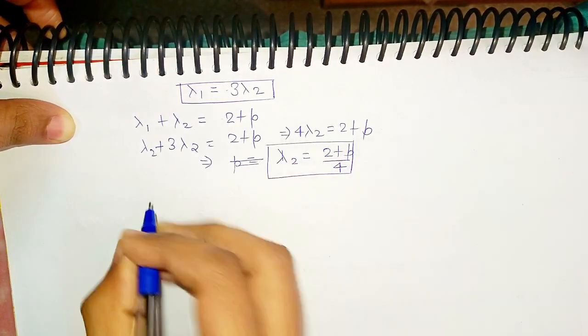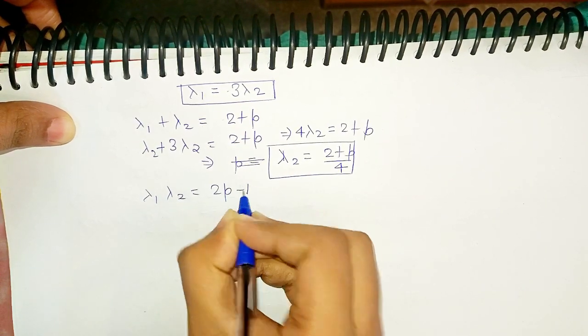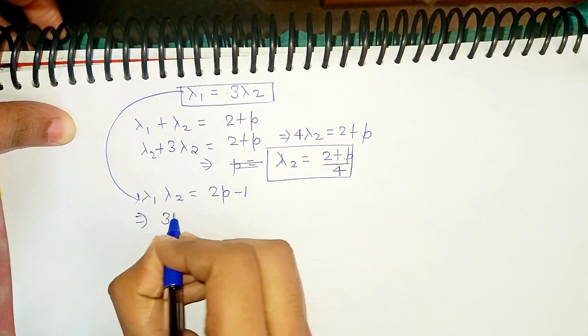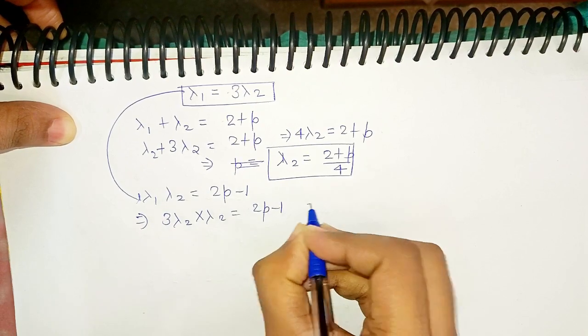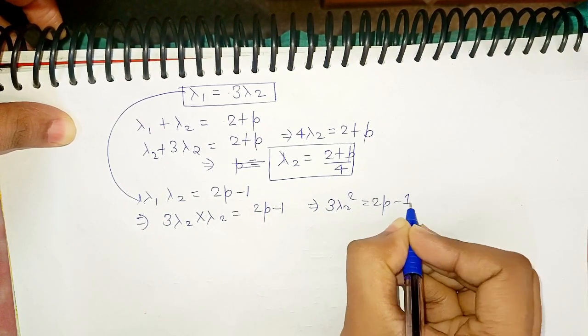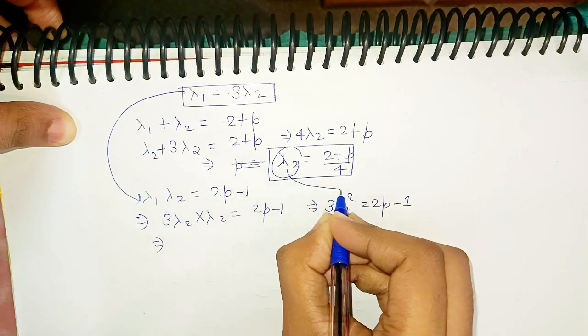We have the second equation, lambda 1 into lambda 2 is 2p minus 1. Again substitute the value of lambda 1 here. So 3 into lambda 2 into lambda 2, this means 3 lambda 2 square equals 2p minus 1. Now substitute the value of lambda 2 here.